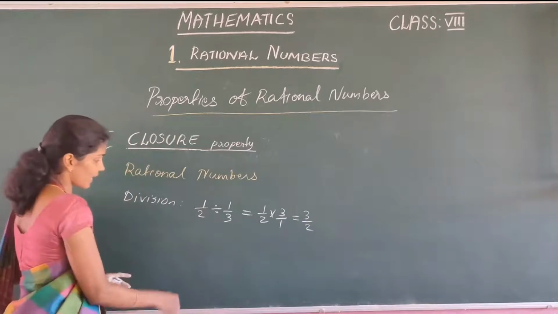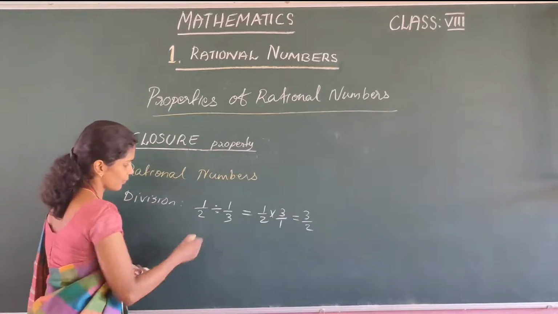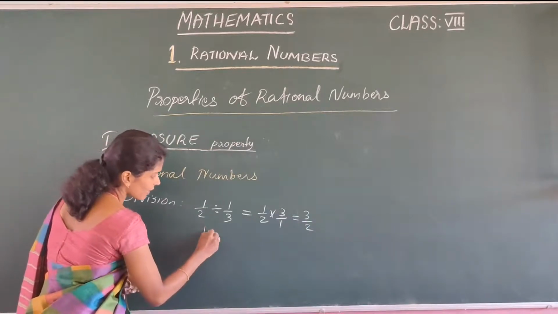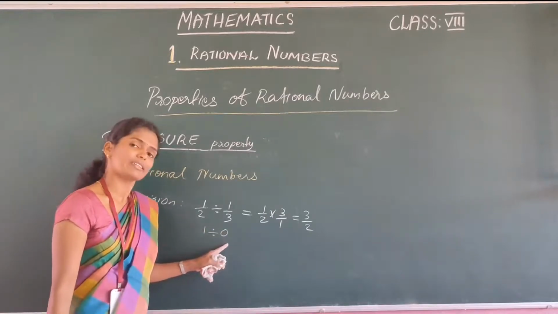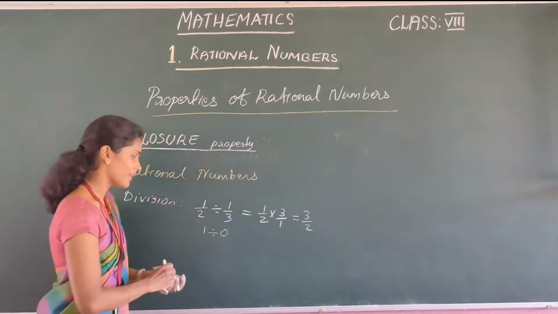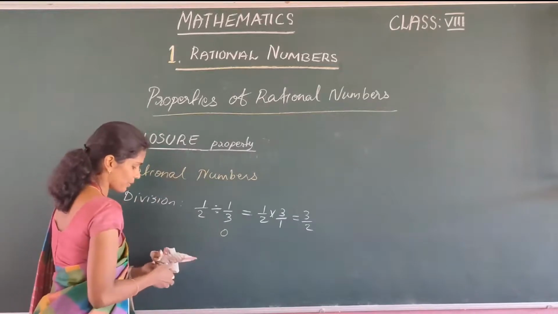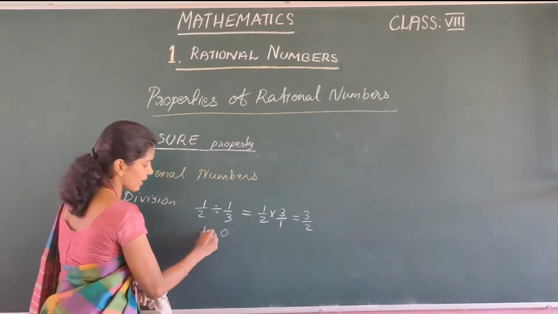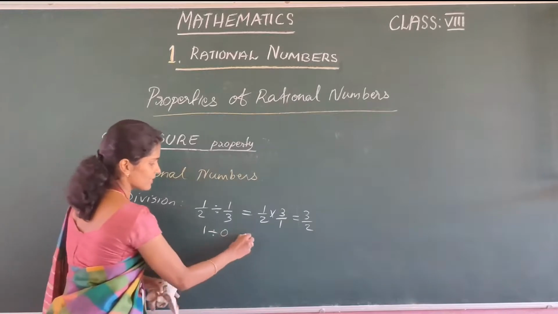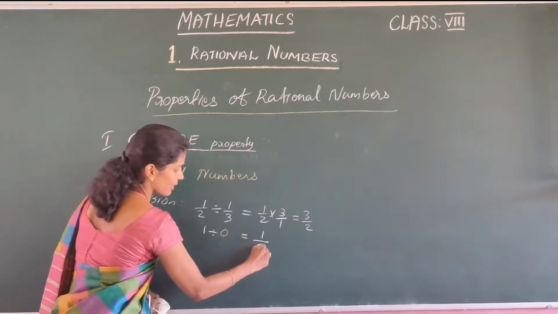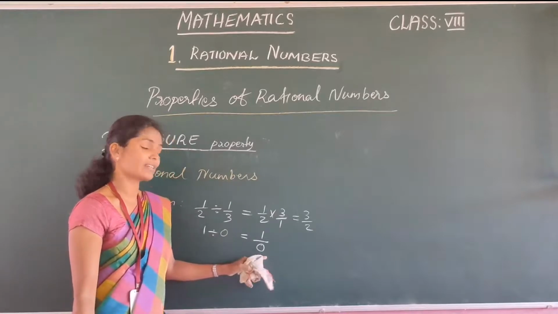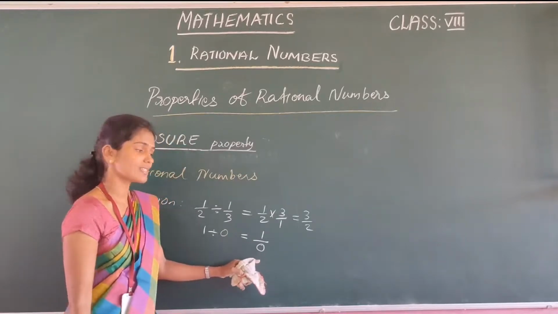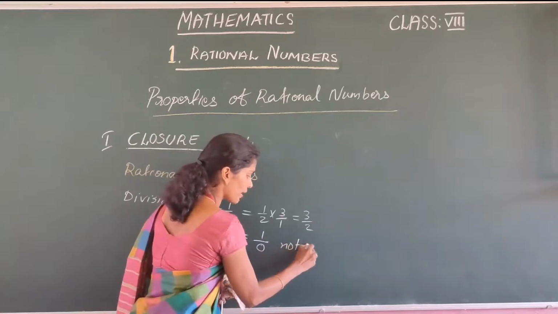What about in the case of 0? If 1 divided by 0, 1 is a rational number, 0 is a rational number, what happens here? What is the result of 1 divided by 0? Is it 0? No, this is not 0. This is not defined.